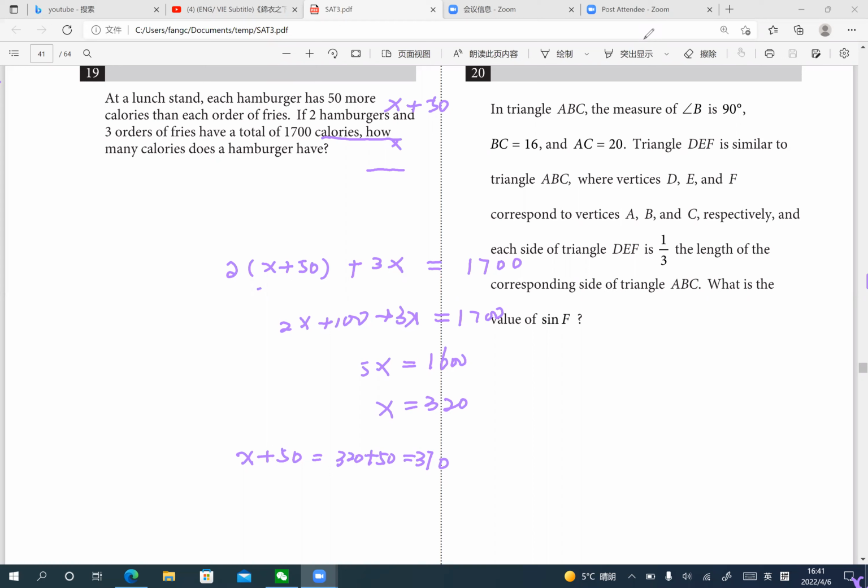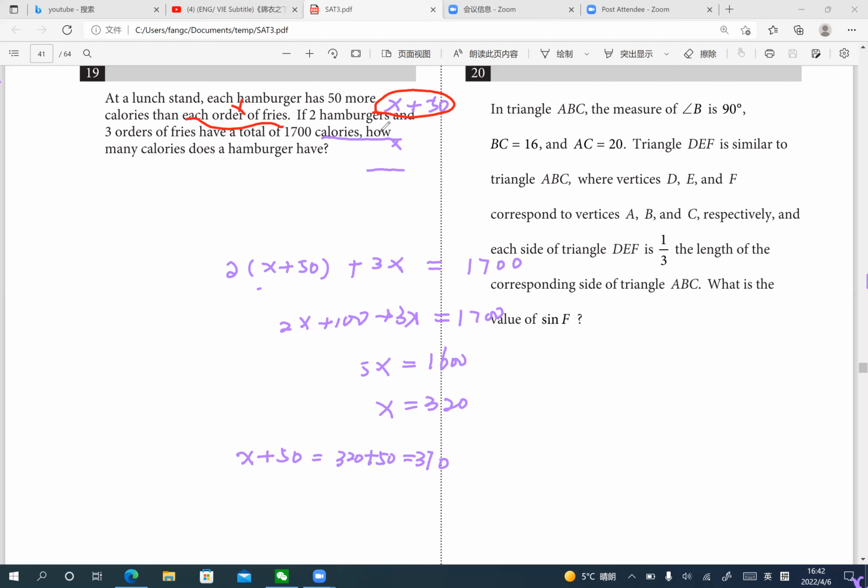We can set the calories of each order of fries equal to x. And from the given information, the calories of each hamburger should be equal to x plus 50.